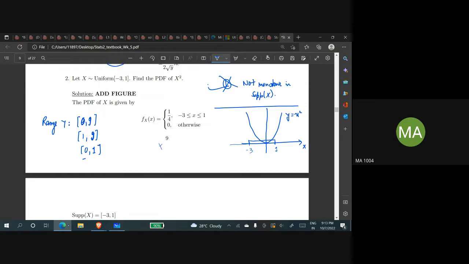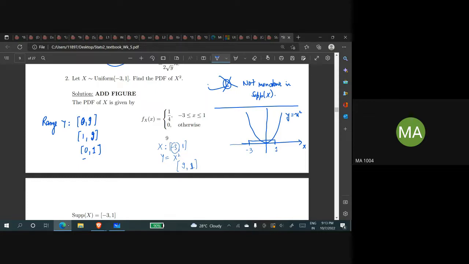If x lies between minus 3 to 1 and y is defined as x squared, then from minus 3 you will get 9 and from 1 you will get 1.